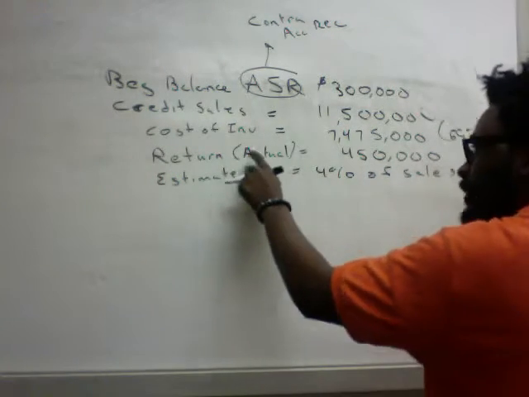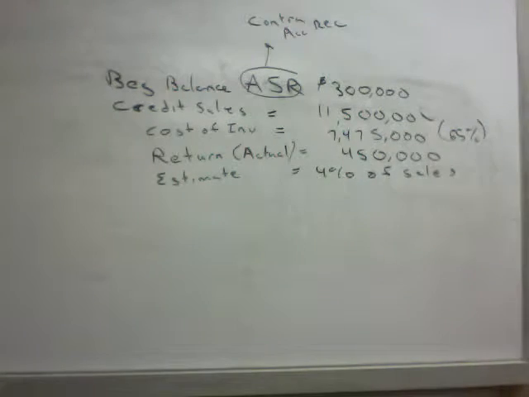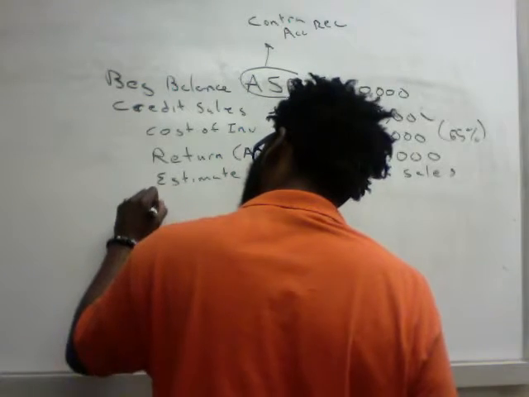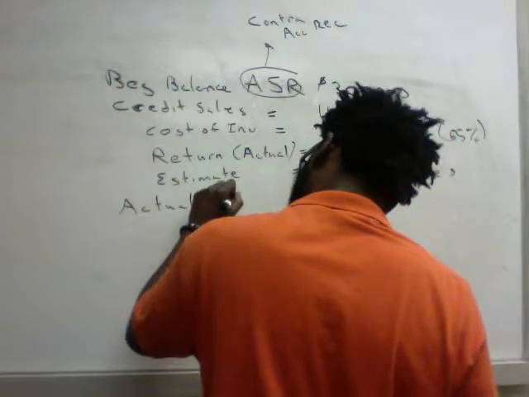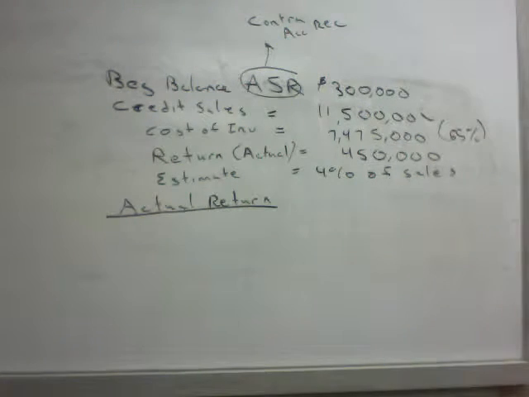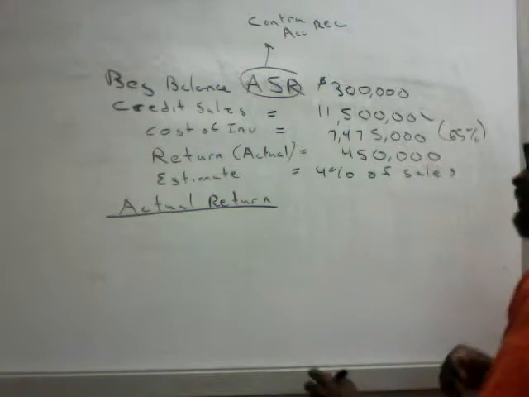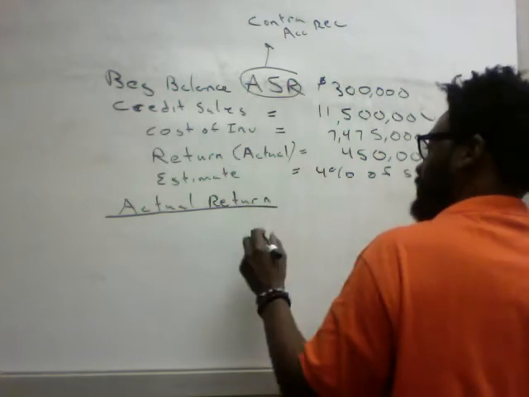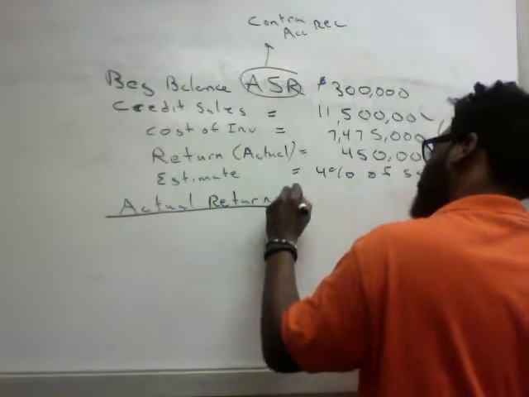But then we had an actual return this year of $450,000. First thing they want us to do is to record the actual return. Did we already do an estimate? Yes, we did. So this is an actual. How do we know? Because we have a beginning balance of 300,000 for allowance for sales return. So actual return after estimate.